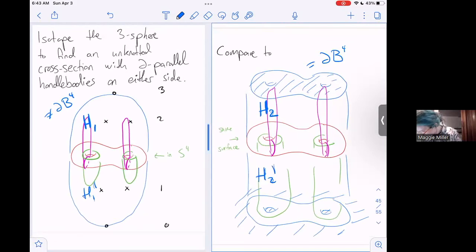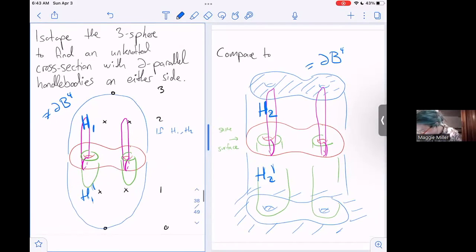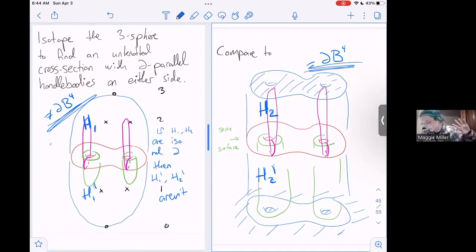So if H1 and H2 are isotopic rel boundary, then it must be the case that H1 prime and H2 prime aren't. Because if both of those pairs were isotopic rel boundary, I would get an isotopy from one S3 to the other. But this one doesn't bound a ball, and this one does bound a ball. So that would be a contradiction.